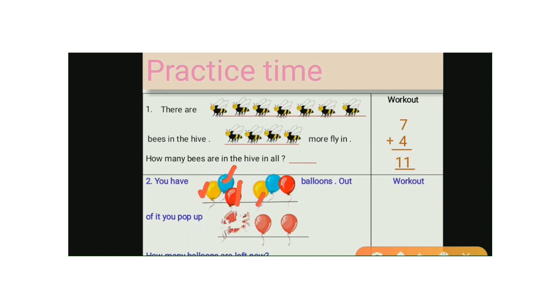Now you can see 1, 2, 3, 4, 5, 6. And 1, 2, 3. One is popping out, right? So how are you going to do the subtraction? Let's see. 6 balloons are there, in which 3 popped. 1, 2 and 3. 3 popped means 3 burst.